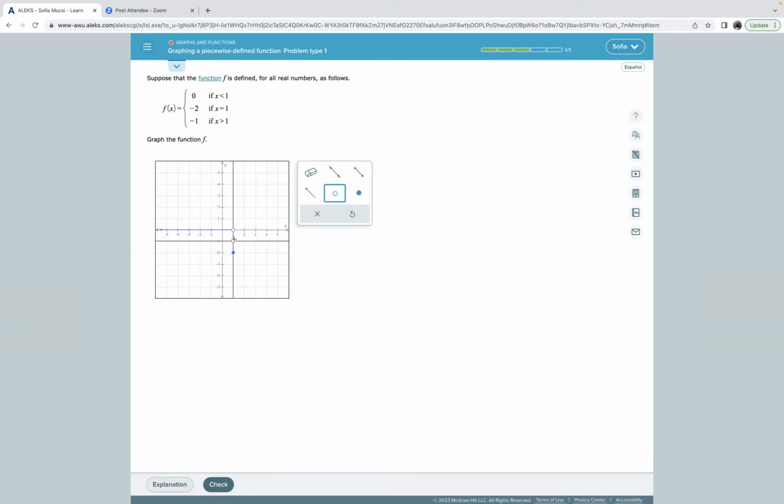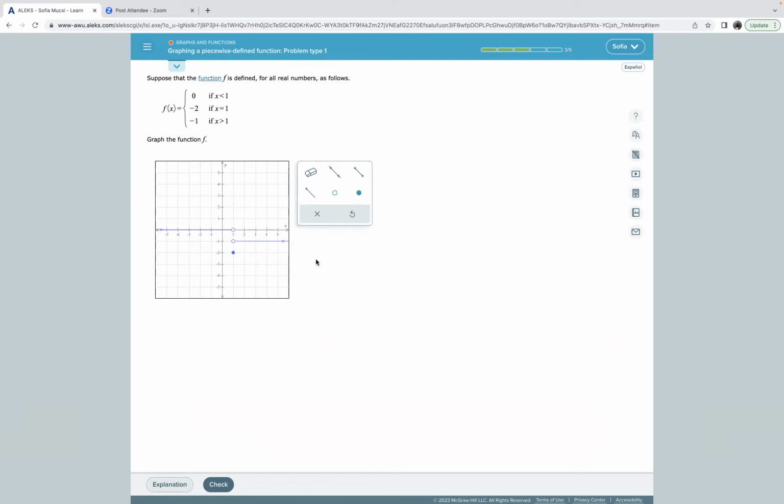And then it's going to be everything to the left. Right, this time because it's greater than. So it is going to the left, right? No, to the right, because it's everything greater than 1. Yes. Now let me just double check here. 0 left, -1 right.